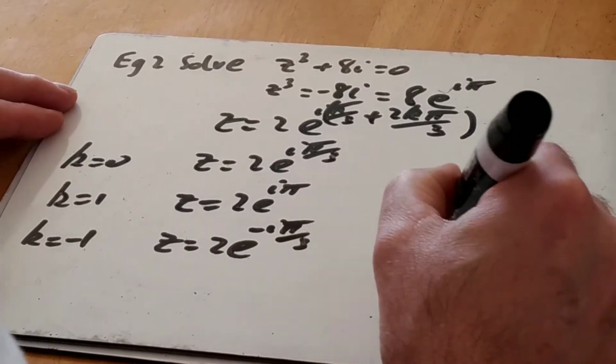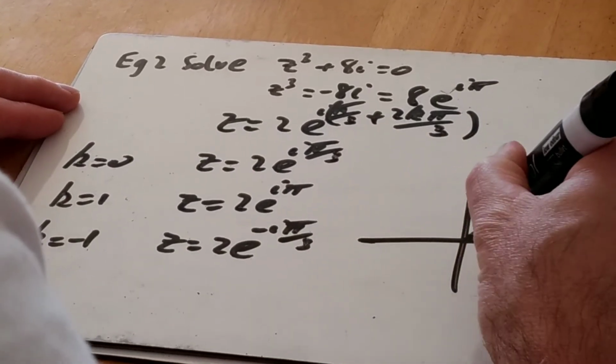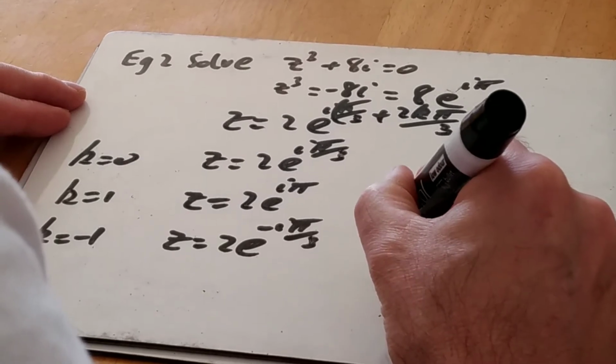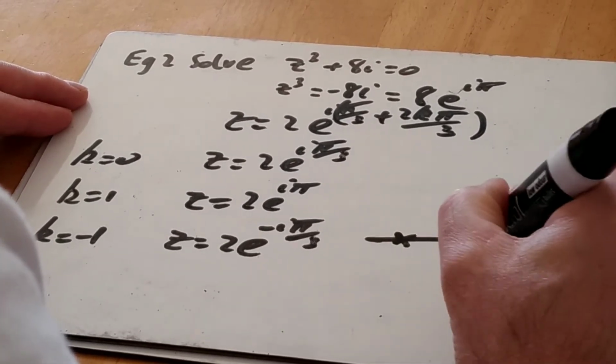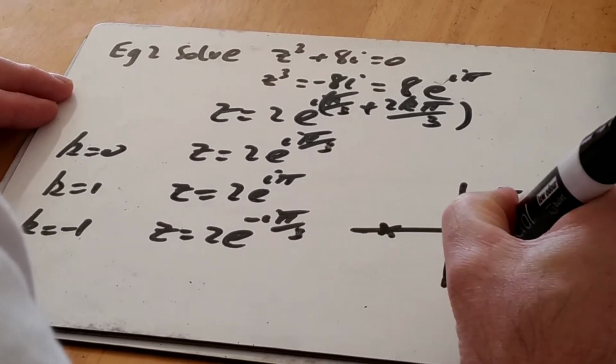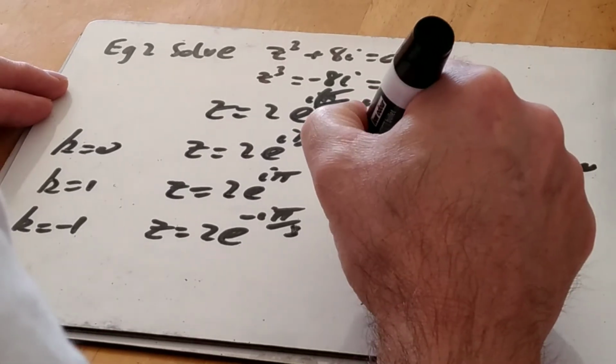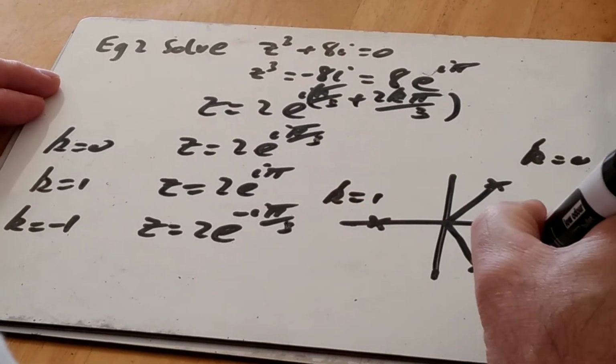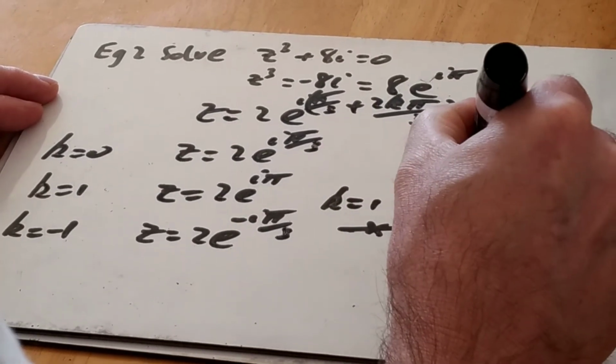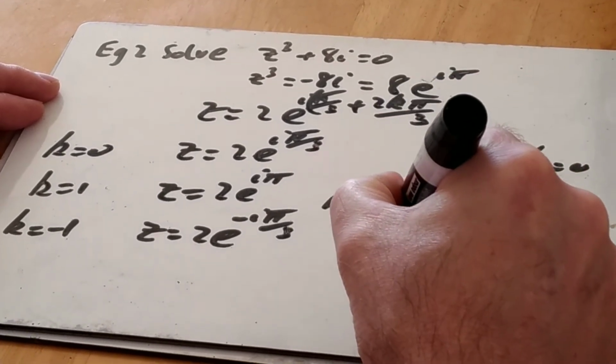And what we should get, equally spaced, are three points on a circle of radius 2. So k equals 0, k equals 1, k equals minus 1.